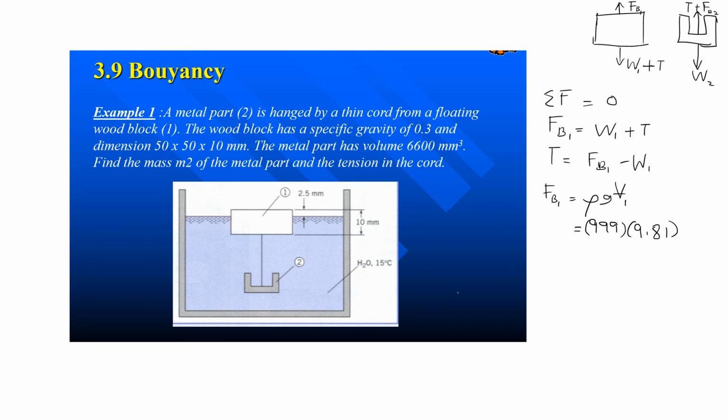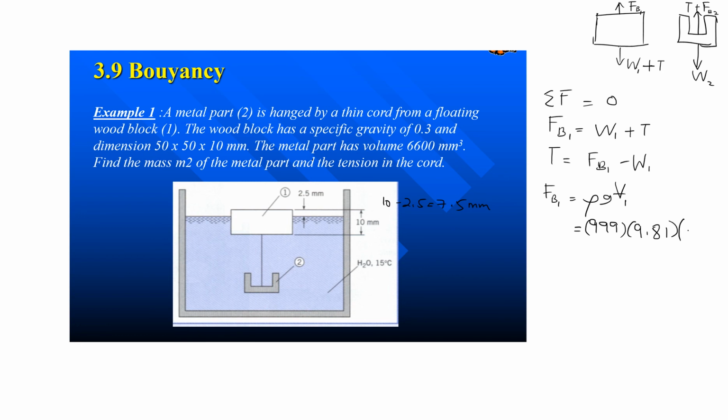The part that is immersed is 50 times 50 times, the height is not 10, it's 10 minus 2.5, which is 7.5 millimeters.